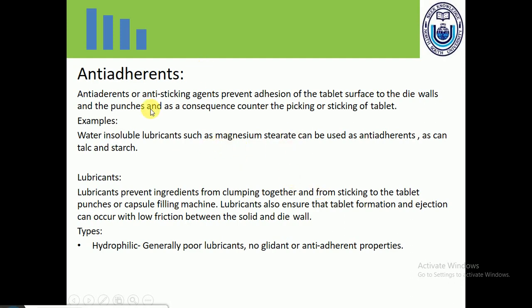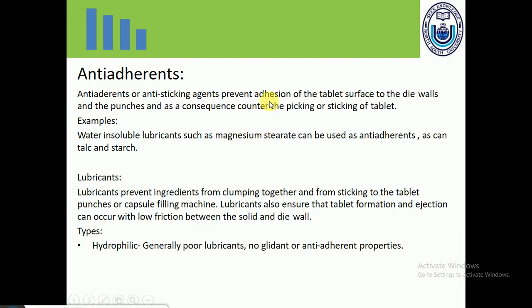Another excipient that is used is anti-adherent. Anti-adherents or anti-sticking agents prevent the adhesion of the tablet surface to the die wall and punches, and as a consequence counter the sticking of the tablet. The classical examples of anti-adherents are water insoluble lubricants like magnesium stearate.